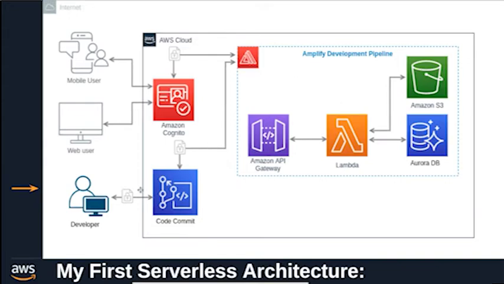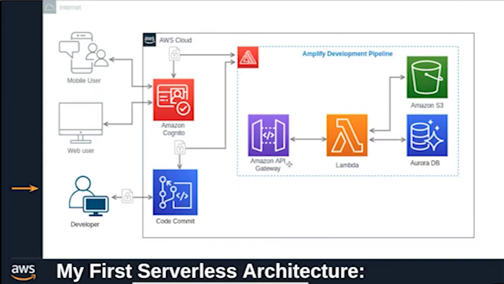So yeah, when any developer is pushing their code through Amplify, it is getting deployed, and any other end users will access our application with Cognito based on their permissions and access. And they will be using API Gateway for internal or external API calls, which are REST APIs in this case.